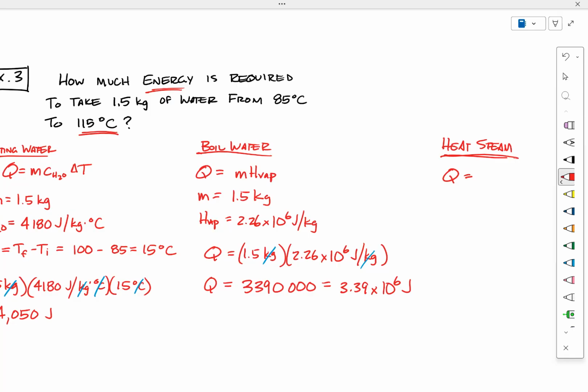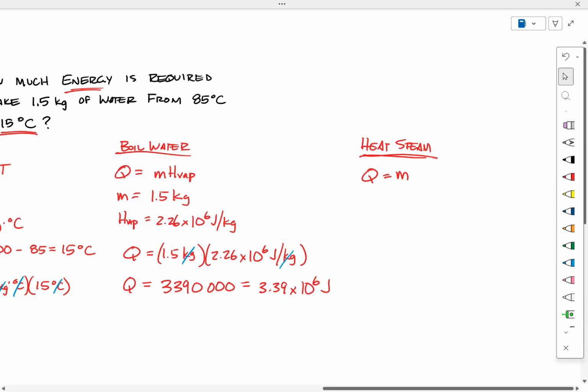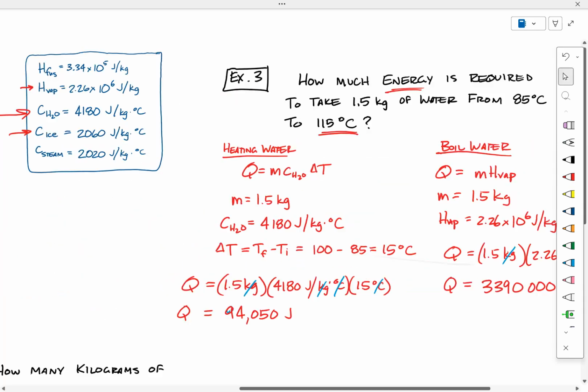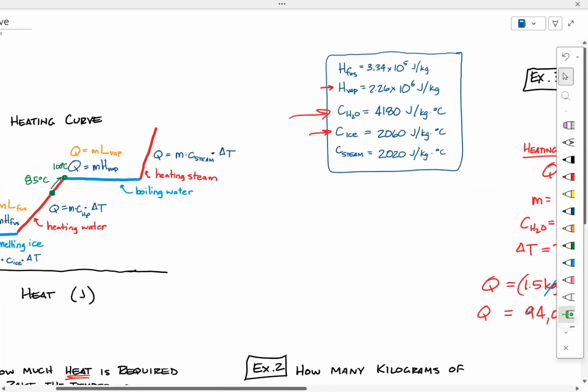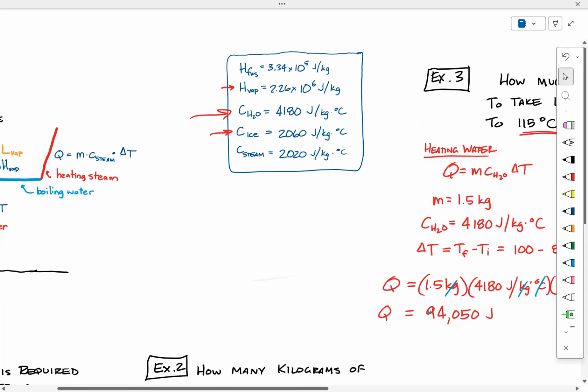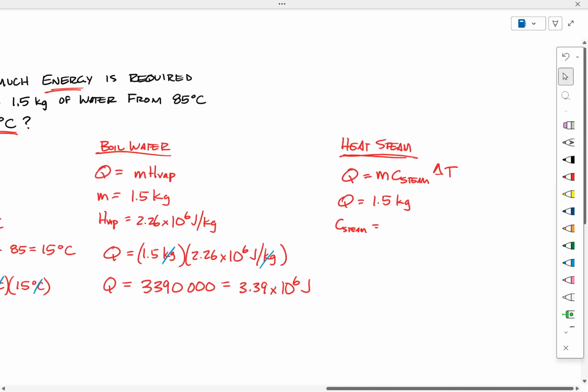Recall that when you're heating water or when you're heating steam, it is equal to the mass times the specific heat capacity for that material times the temperature change.